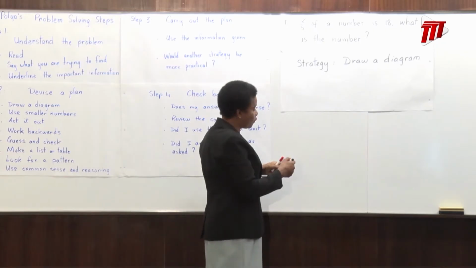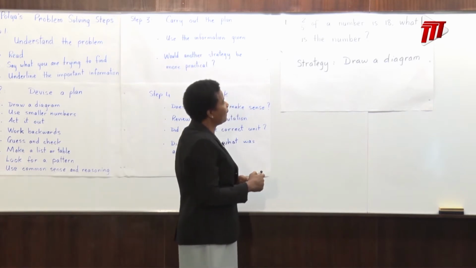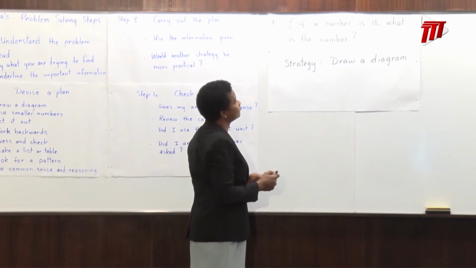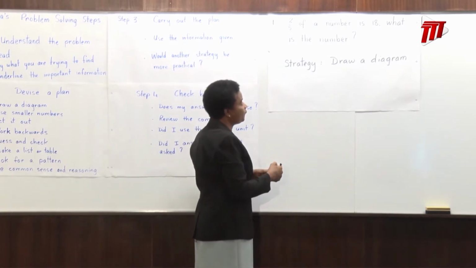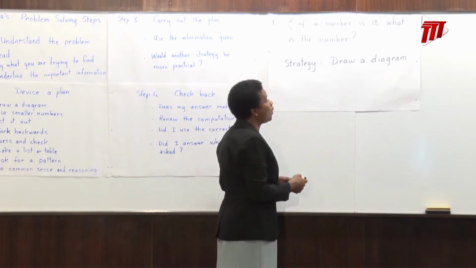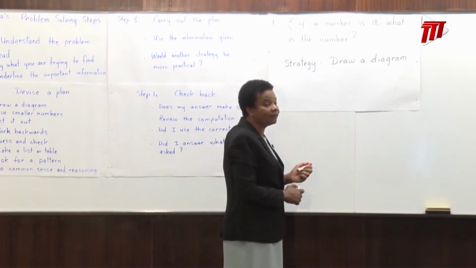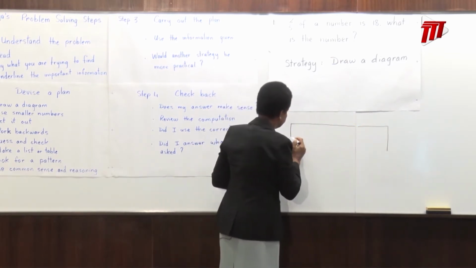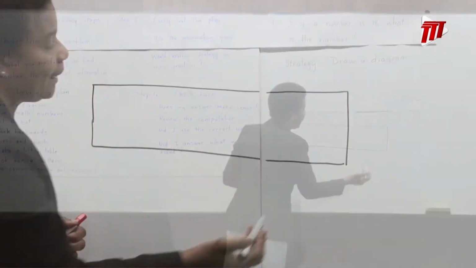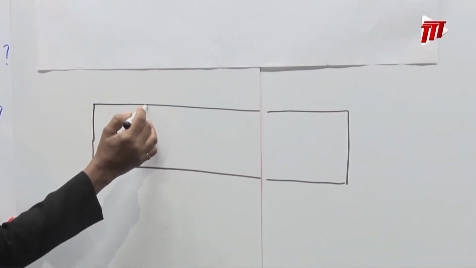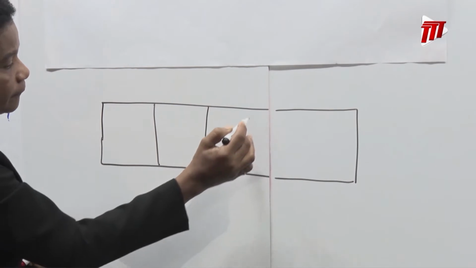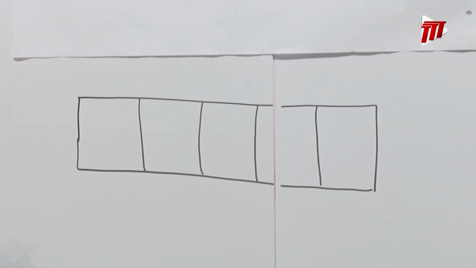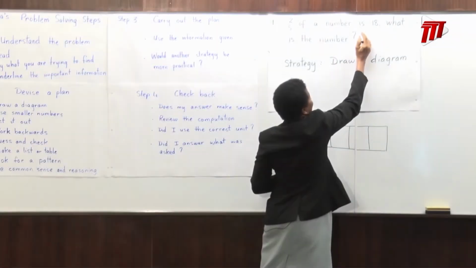I am going to draw a diagram. The question says 2/5 of a number is 18. So let's see. 2/5 tells us that our whole is divided into 5. So let's draw our whole. I am going to divide this box into 5 equal parts. That's my 2/5. 2/5 is 18.